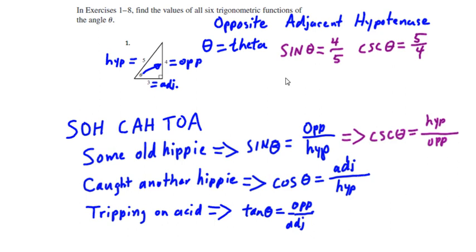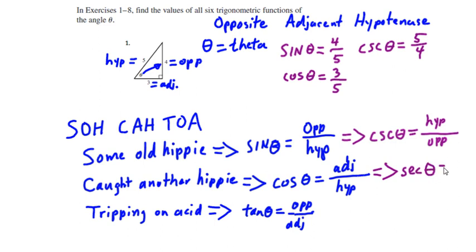Next, we have cosine theta. And remember, from the mnemonic device, it's going to be adjacent over hypotenuse, so our adjacent side is 3, and our hypotenuse is 5, and our reciprocal ratio to cosine is called secant. It's abbreviated SEC.